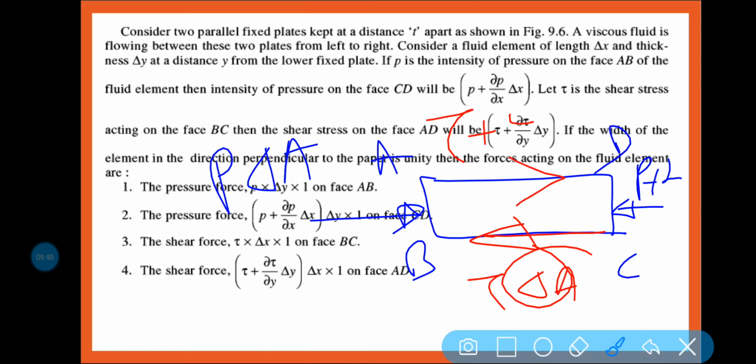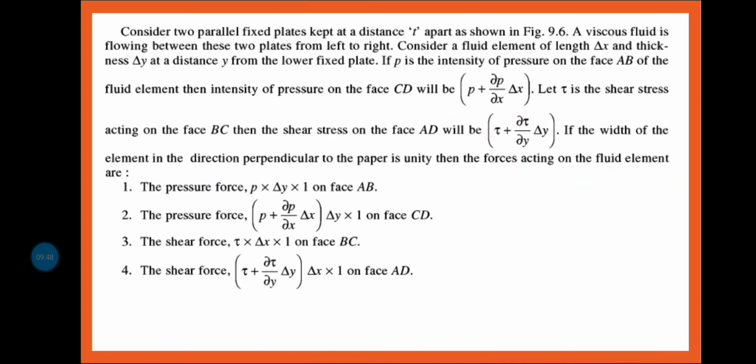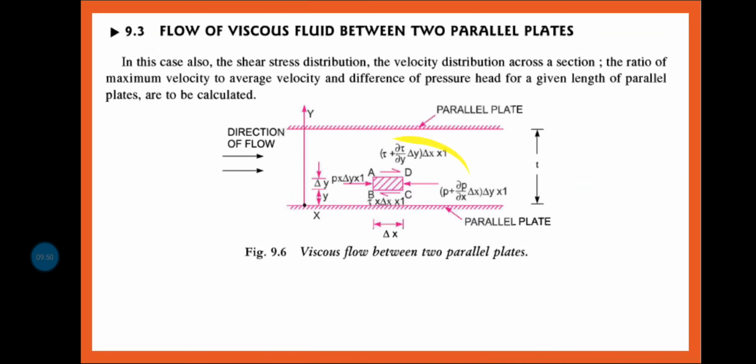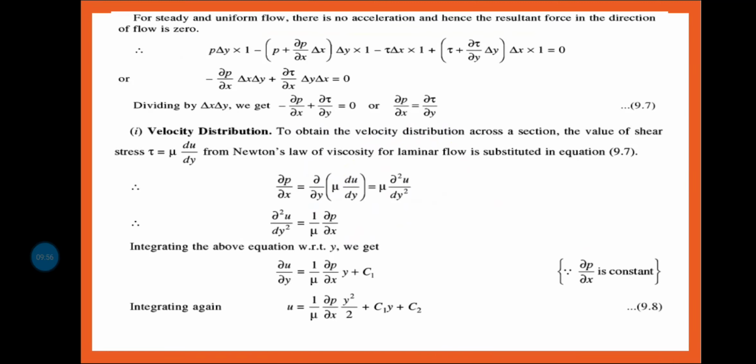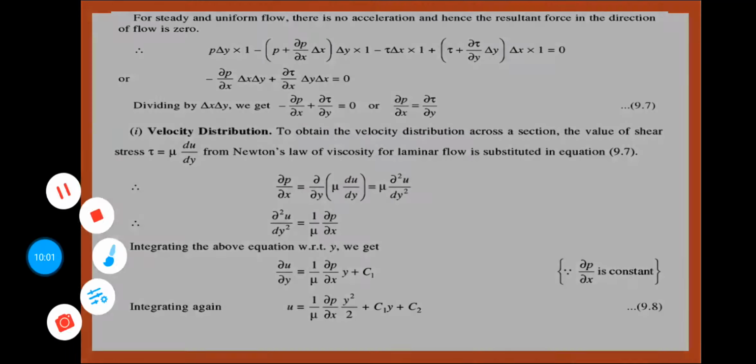This shear stress is acting opposite to the direction of the flow, which is why you can see it here. If this is clear, then we can proceed to the calculation.